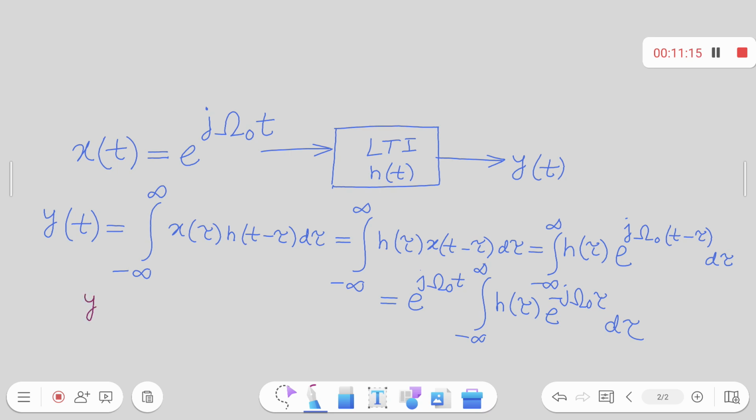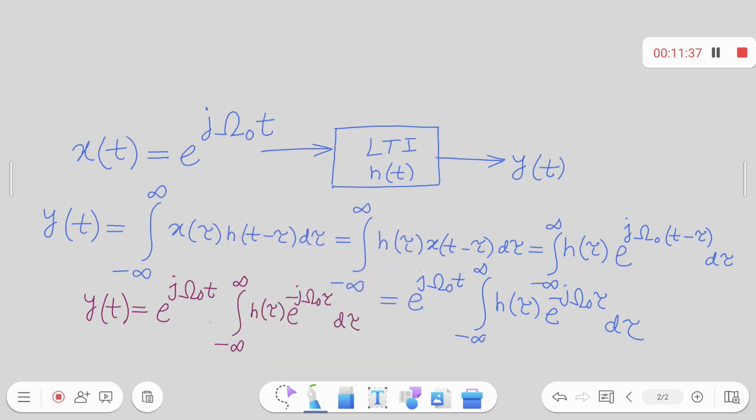We have found out that y of t is equal to e to the power j omega naught t multiplied with minus to plus infinity h of tau e to the power minus j omega naught tau d tau.